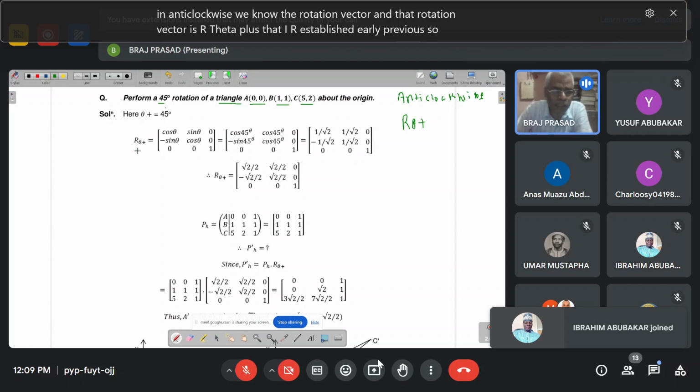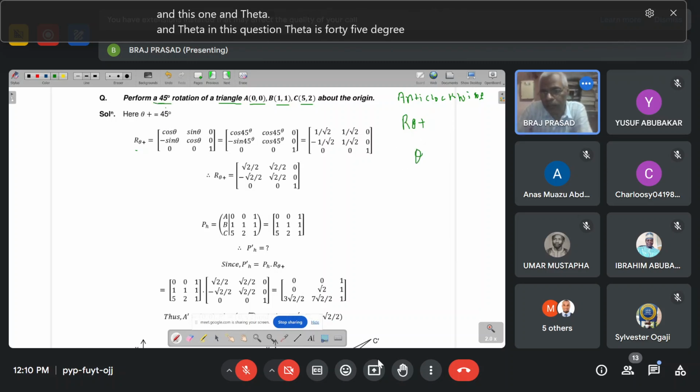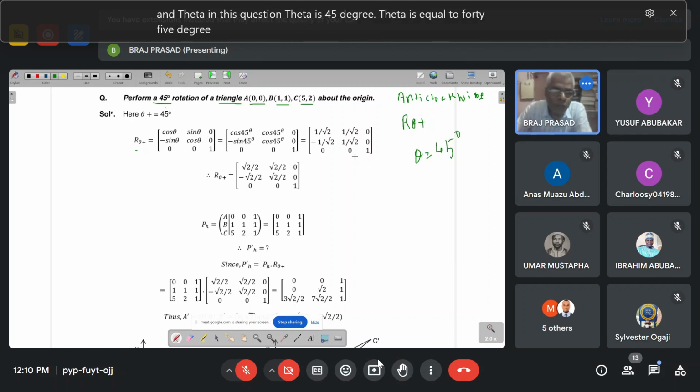So R theta plus is cos theta, minus sin theta, cos theta, and so on. Theta in this question is 45 degrees, given. So we put 45 in place of theta.